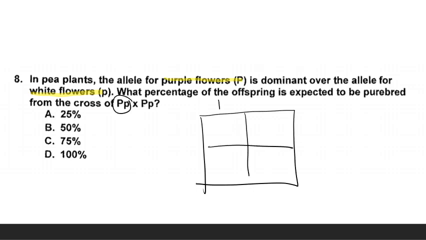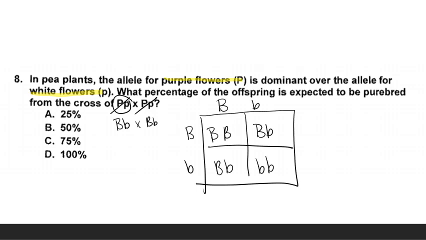So we have heterozygous, and we're actually going to change these to B's because B's are a lot easier to see as far as the uppercase and lowercase. So we have two heterozygous parents. So we're bringing one down, one over, one over, one down, one down, one over, one down, one over.